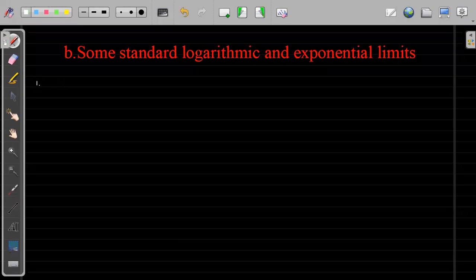So the first one is limit x tending to 0, e to the power x minus 1 upon x. So tell me what will be the answer? This will be simply 1. How to solve?